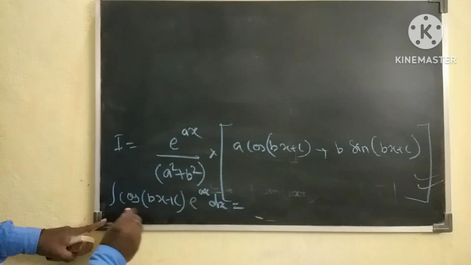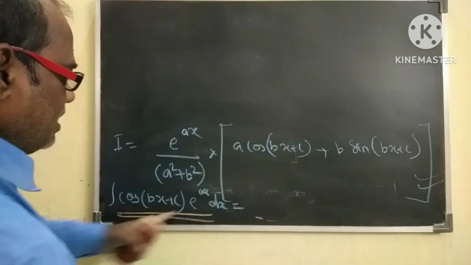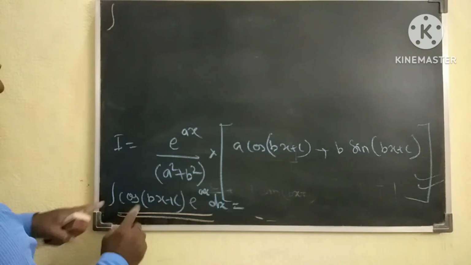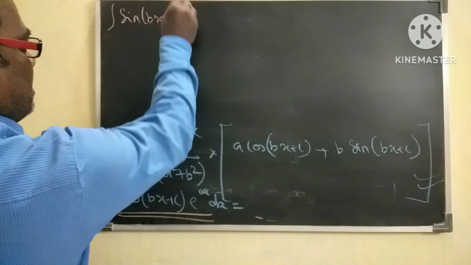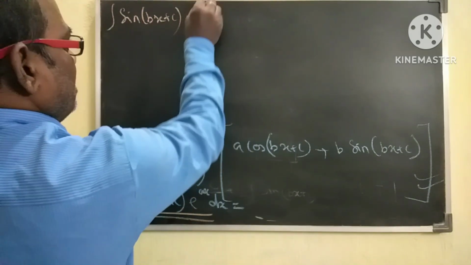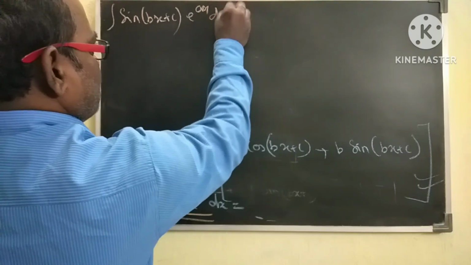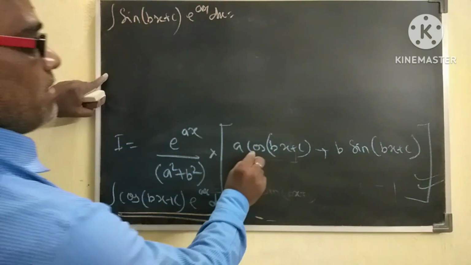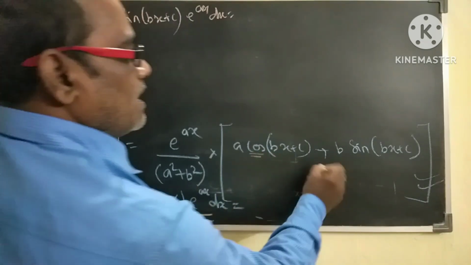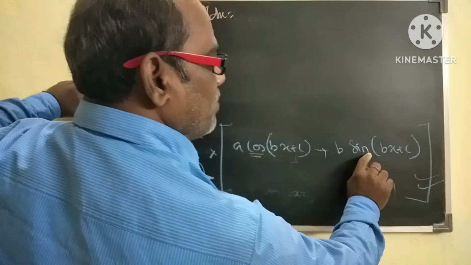So instead of this, if the integrand had been given as sine bx plus c into e to the power of ax dx, then the answer would have been the same, but with respect to this, this would have been sine, this would have been minus, and this would have been cos.